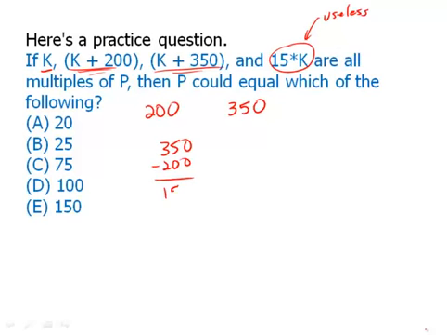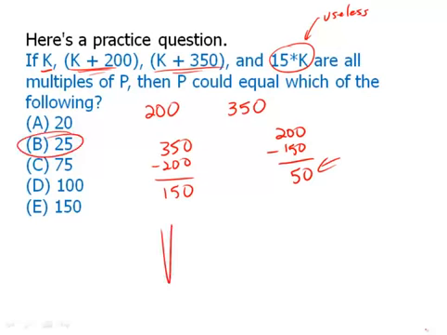Of course, that's 150. That must be a multiple of P because it's the difference between two multiples. Well, now I could do 200 minus 150, and I get 50. This must be a multiple of P. Well, which numbers on this list could be factors of 50? And it turns out there's only one, answer choice B.